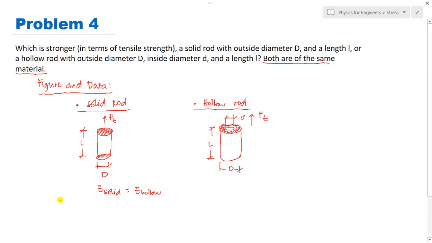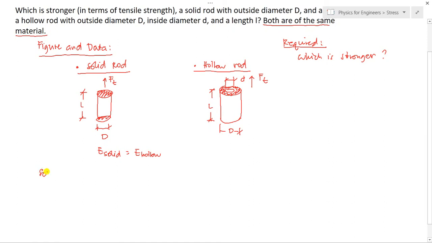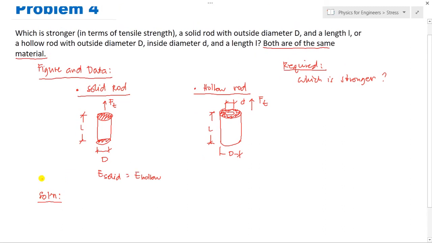Okay, then required: which is stronger in terms of tensile strength. Which of them is the strongest? In your guess, Mr. Pagas, which is stronger, the solid rod or the hollow rod?